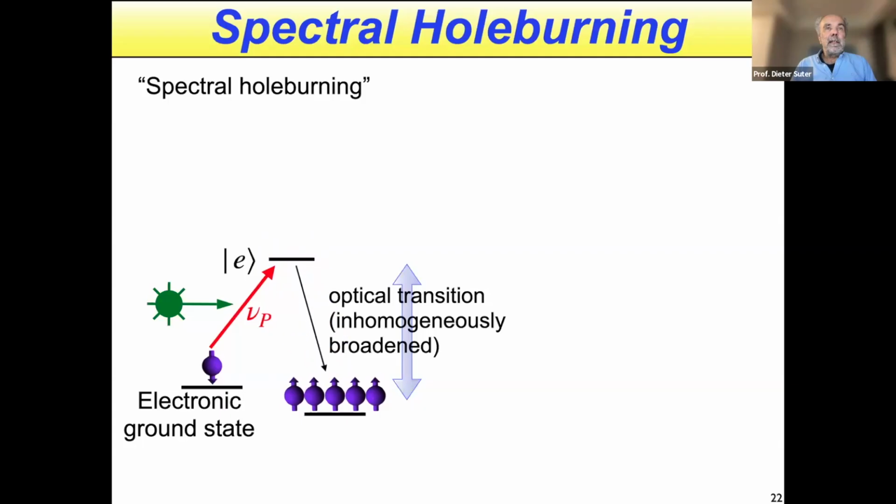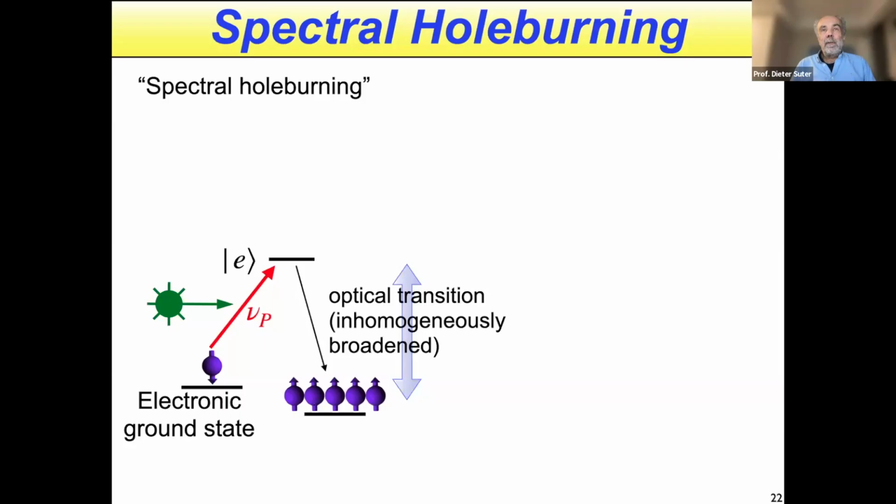Again, like in the case of optical pumping, they can drop down, and if they end up in the opposite spin state, which is outside of the line width of the laser, they will no longer be excited. The result is that again, you have created an imbalance between the nuclear spin states. You have increased nuclear spin polarization.